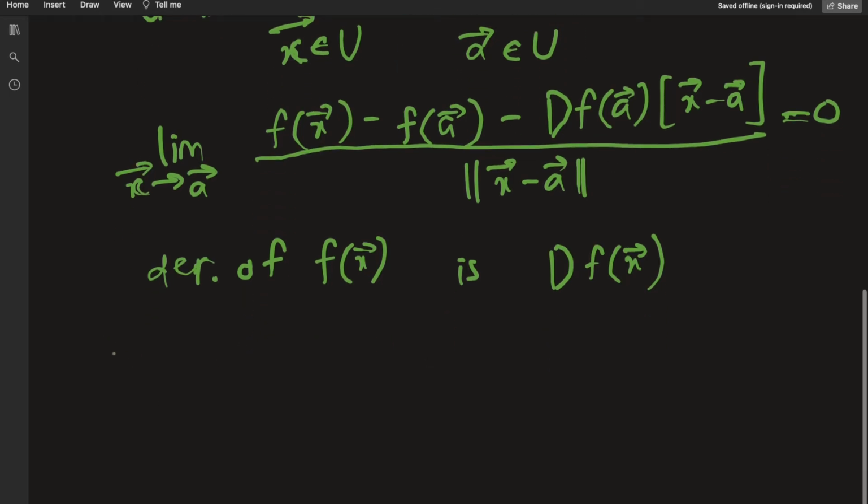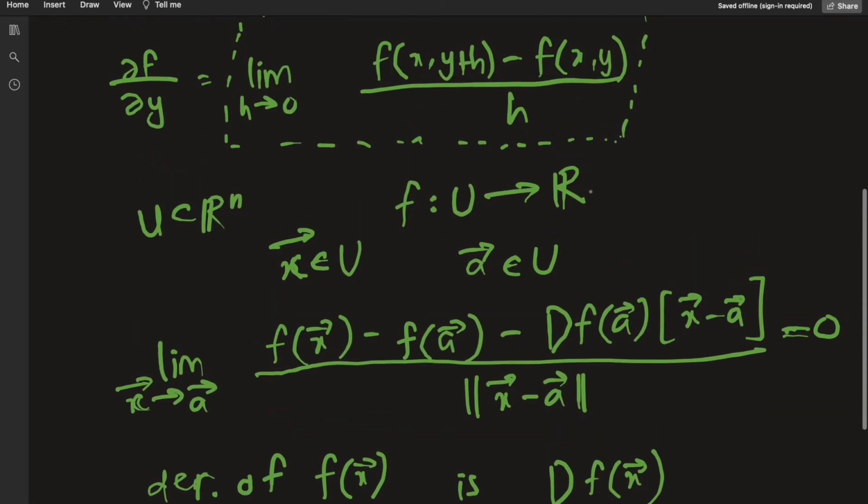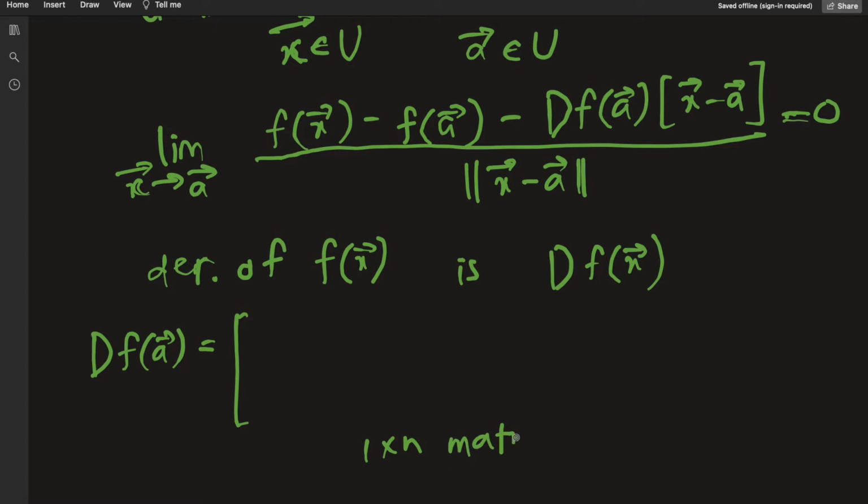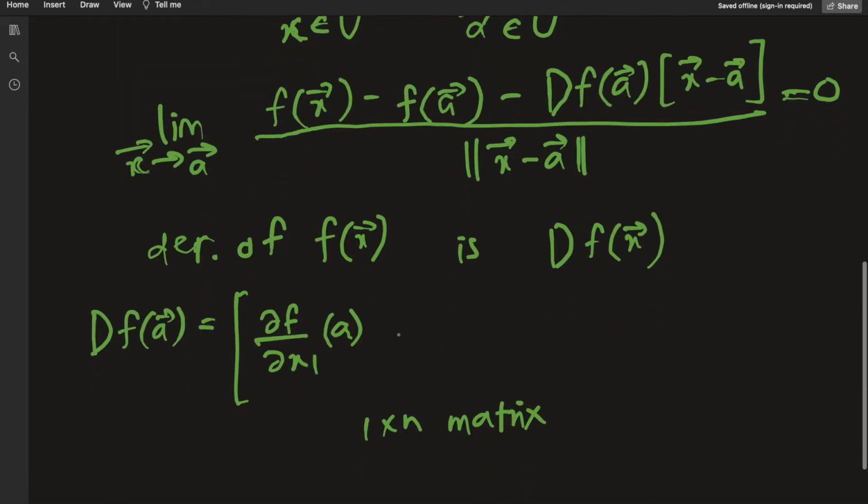Well, in the case where we have a scalar field, df of A is just a matrix. It's a 1 by n matrix of the partial derivatives. So partial f with respect to, say, x1, that's the first variable of this n-dimensional input space.